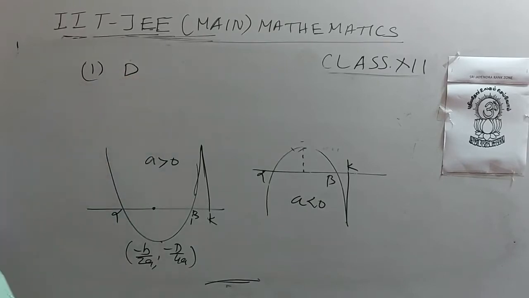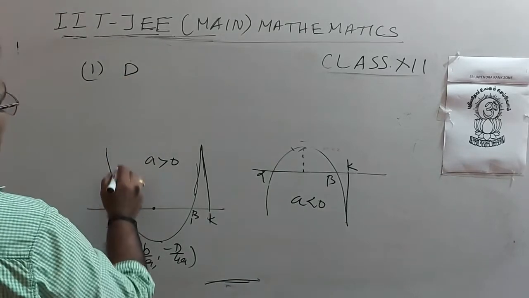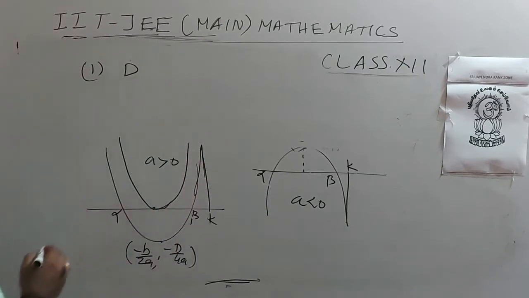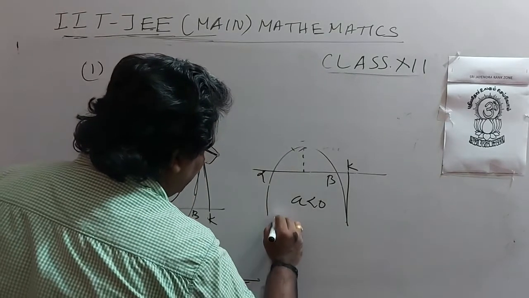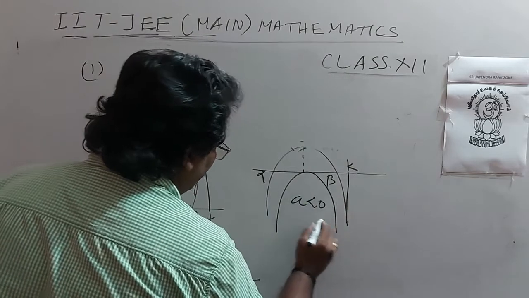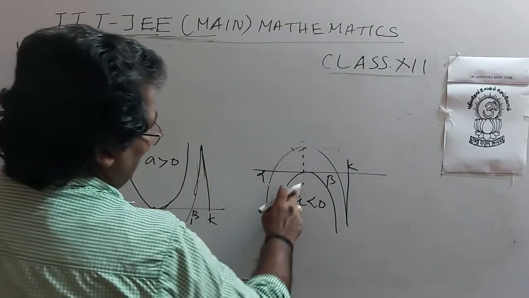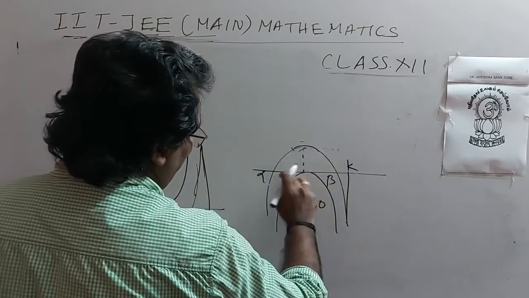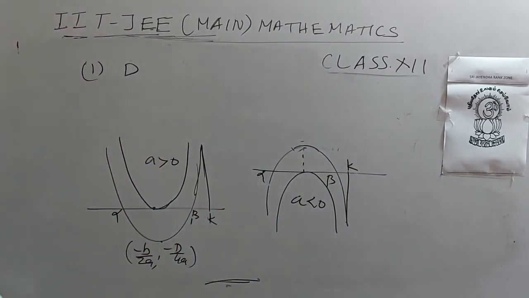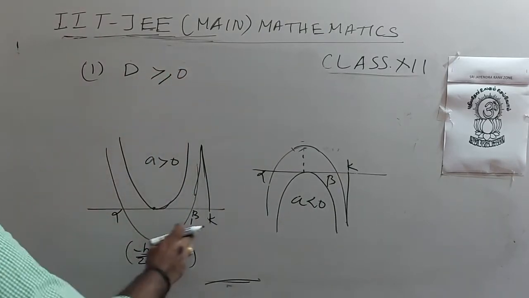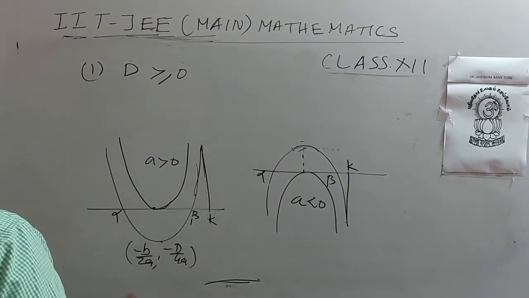D, there are possibilities. The curve may be like this or may be like this. It may touch the x-axis or intersect. There are two possibilities. So D greater than or equal to 0. When less than k, the curve may be in these two types.